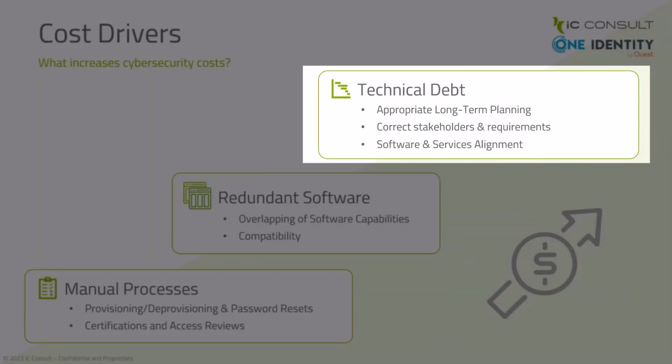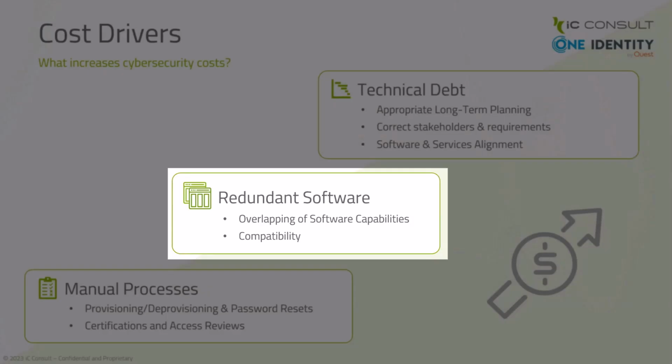It starts with technical debt. Companies that don't have a robust IAM program, that do not have a strategic roadmap in place, are going to be constantly in a reactive state. That's going to lead to redundant software. They're going to be purchasing software to solve a need instead of using the core functionality and feature set of their existing software.